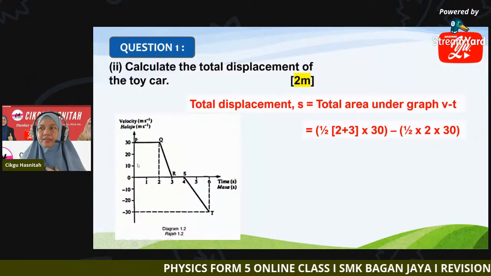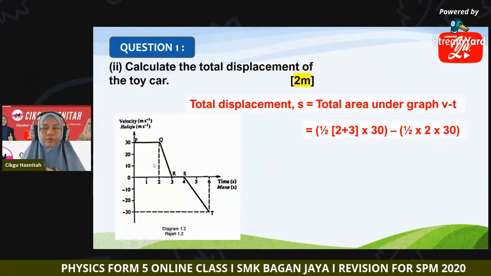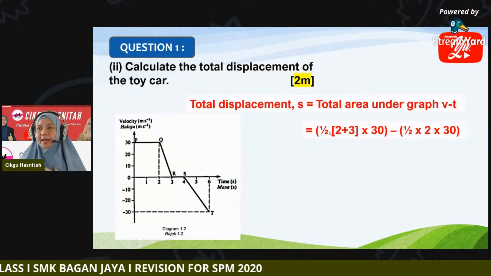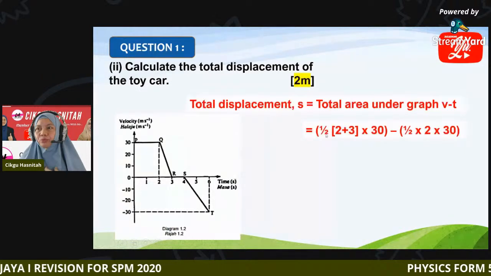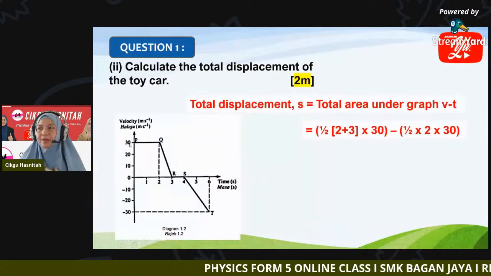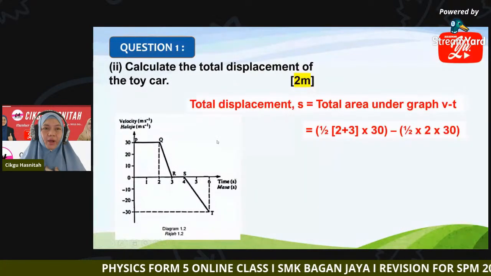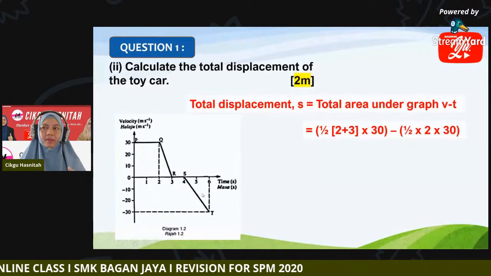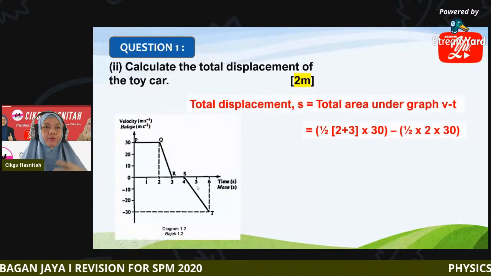So this is how to find the area for a trapezium: half multiplied by the two sides, 2 plus 3, and then the height is 30. Here we minus. Why do we minus? Because it shows the area below, meaning opposite direction. If both are above, then you have to plus them.